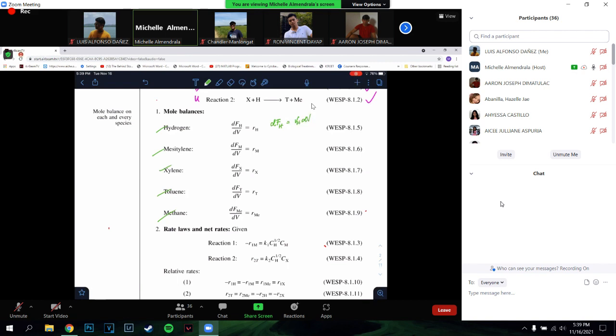Whatever is that volume that is changing, that is happening within the reactor volume. So something like within that portion of the reactor. So this is your delta V. And so the rate of reaction for each section of the reactor. So that changes, therefore, the flow rate of H as the reaction proceeds from one part of the volume to the next part of the volume. Especially for the plug flow reactor, this is very common.